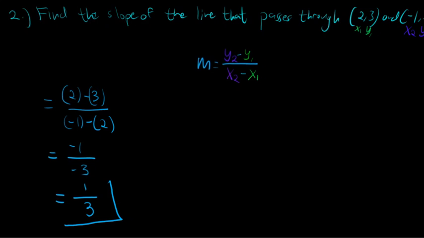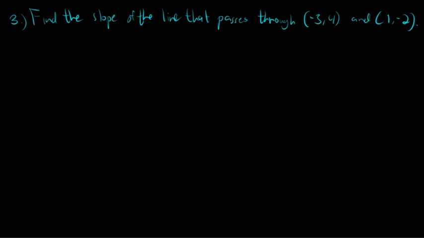Let's have our last example. Find the slope of the line that passes through points (-3, 4) and (1, -2). Again, you may want to pause this video and try to work this on your own. Same thing, we will be using the same formula.